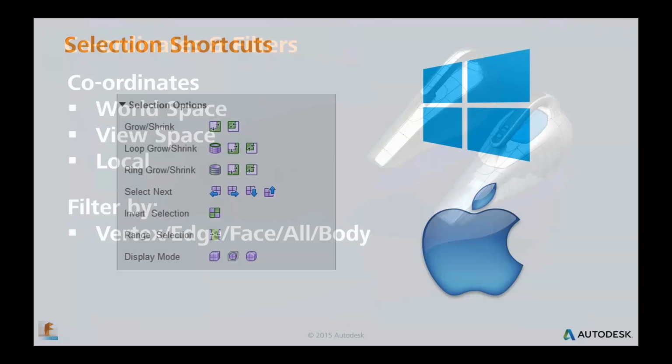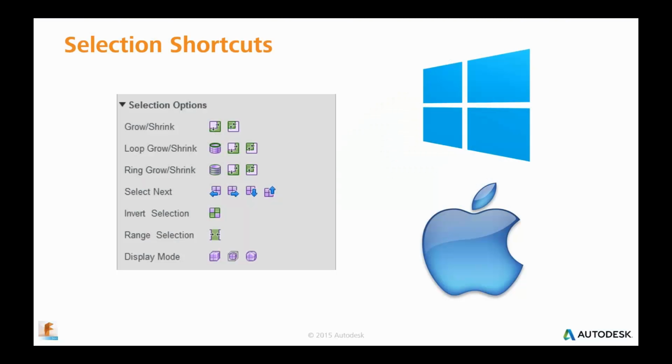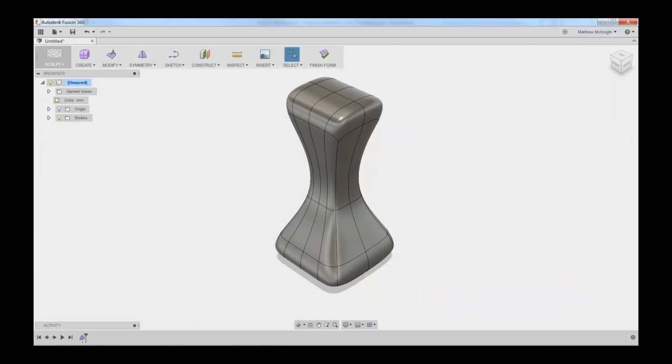We'll also look at some of the shortcut selection tools that you can use. Now these will be dependent upon whether you're using Windows or whether you're using Apple or Mac. So there is some differences between the 2 products there.